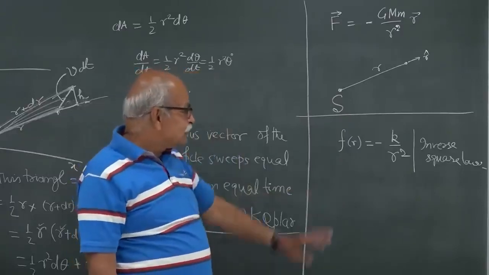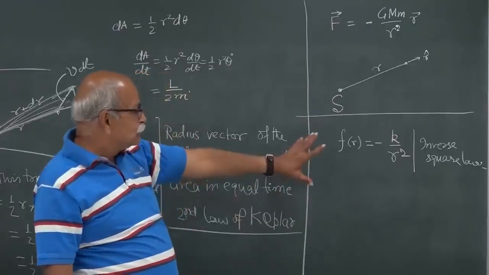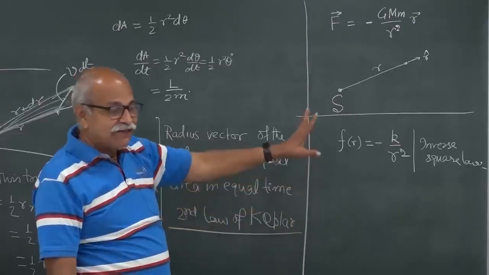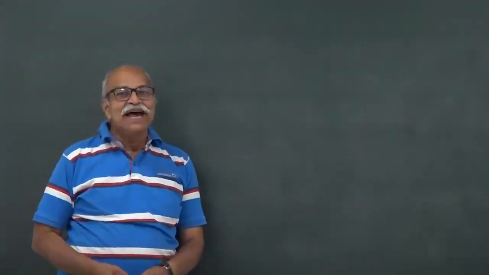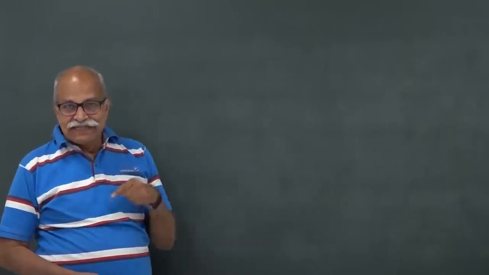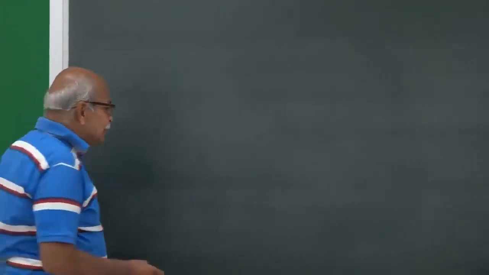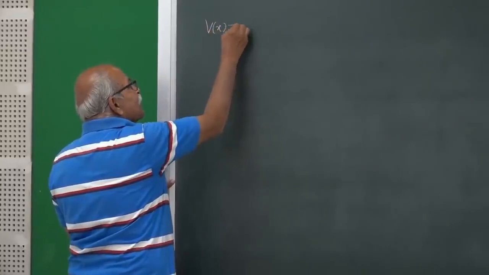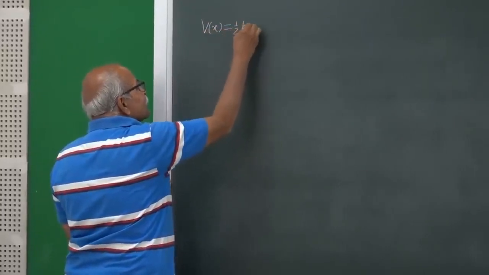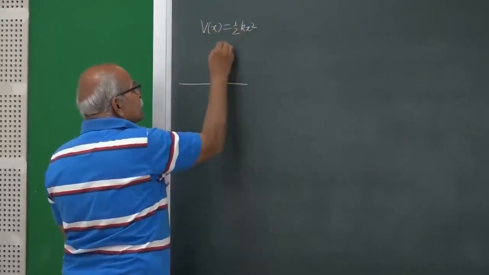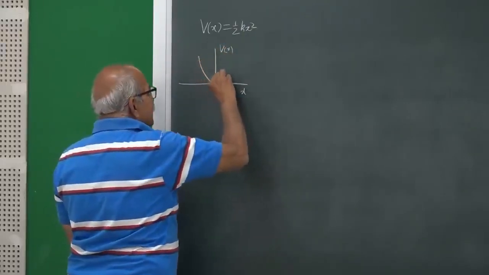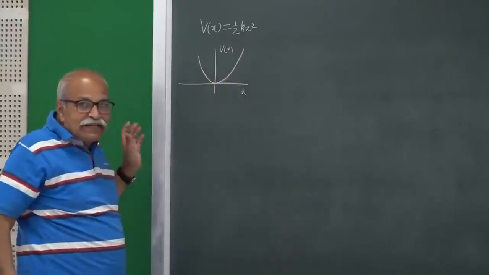Now, if this is the case, we can do something more using energy diagrams. Okay, so let me do that. Energy diagrams I had talked about when I was talking of a particle moving in one straight line. I took the example of the spring force, V(x) equal to half k x square, and if I plot this V(x) as a function of x, it is a parabola, and from the shape itself I can tell many things.